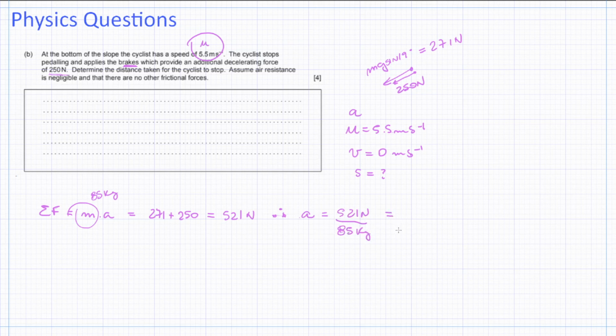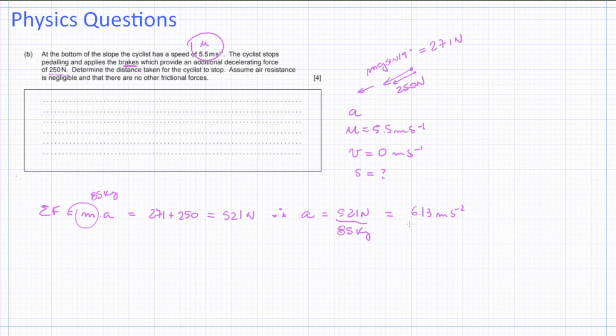That is going to give us 6.13 meters per second squared. Now, it's important to notice that I've completely ignored the signs here, because I know for sure that this acceleration is going to be in the direction down the slope.